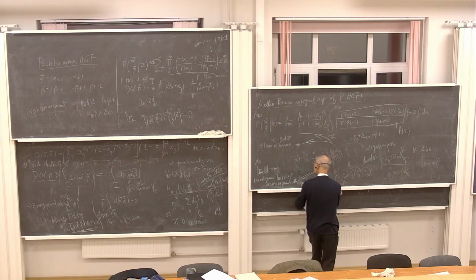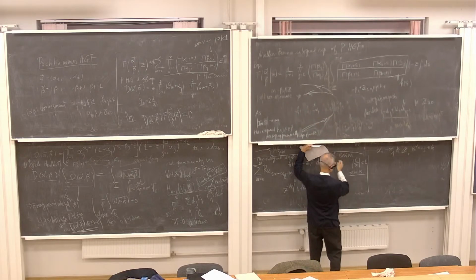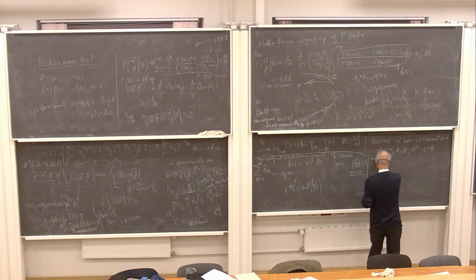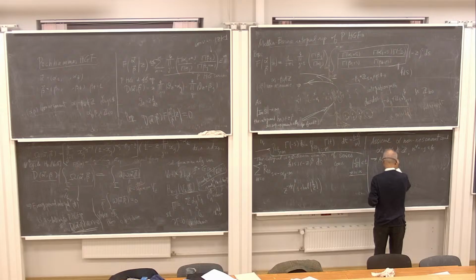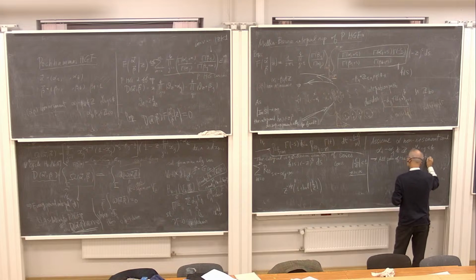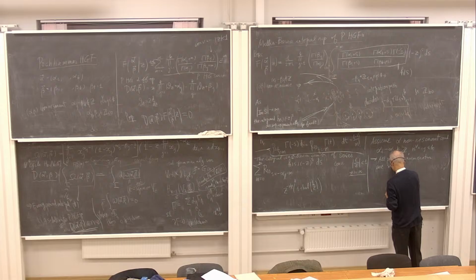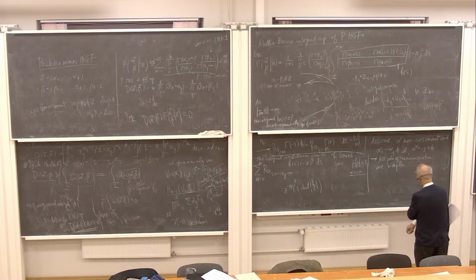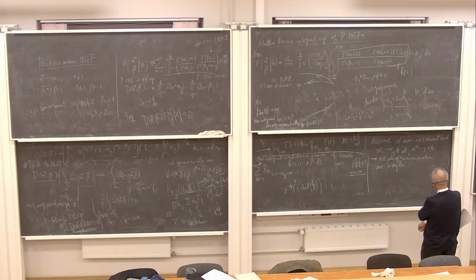So all poles of the numerator are simple. They are all simple poles. Let us assume that.